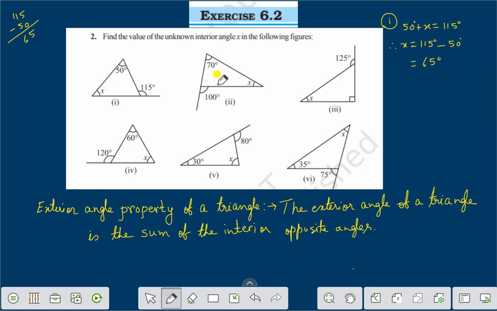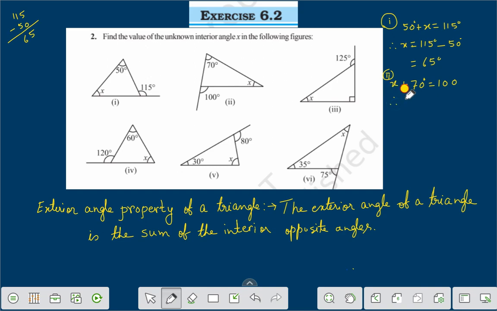Now question number 2. These are the opposite interior angles, 70 degree and x, and this is the exterior angle. That we can write as x plus 70 is equal to 100 degree.